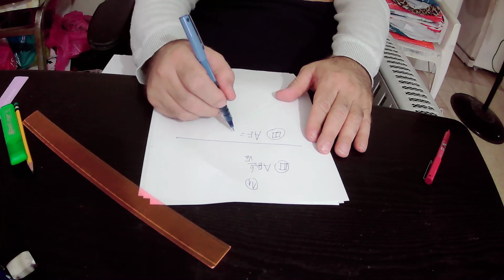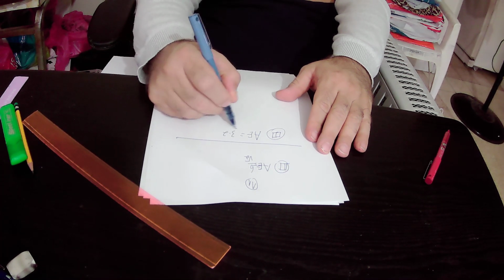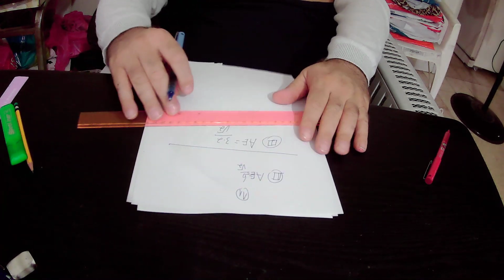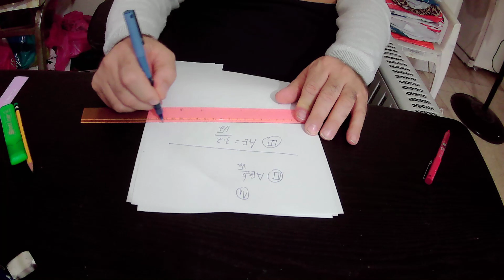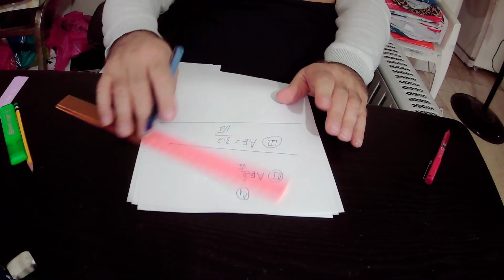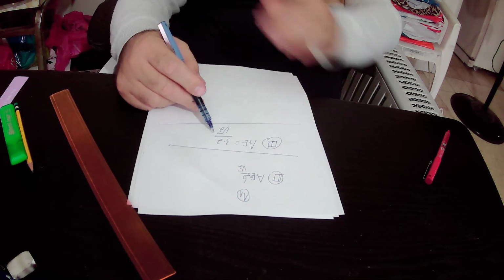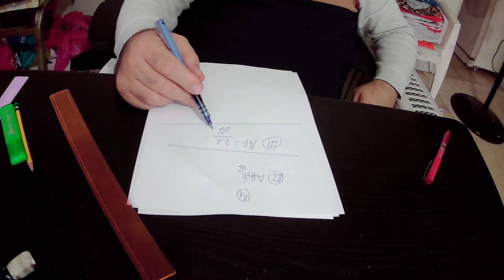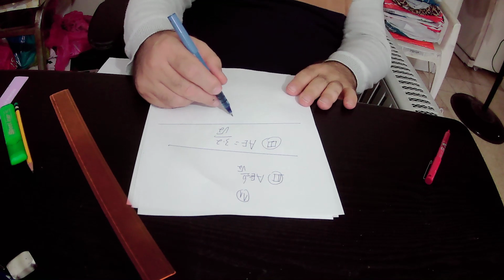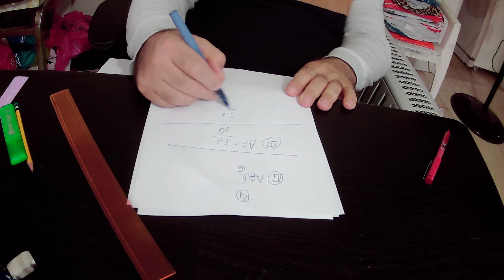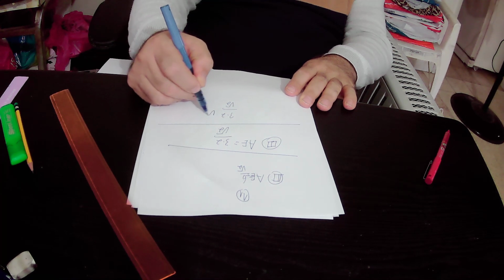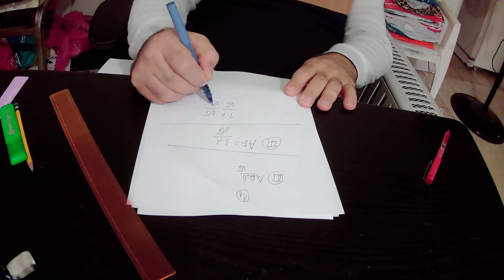AE equals, instead of 6, 3 times 2 over square root of 2. Here we will multiply this expression by square root of 2 and then divide it by square root of 2, so we change nothing.